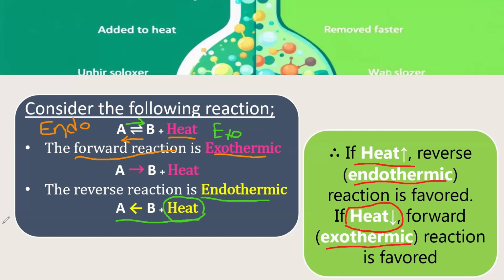When heat is removed or reduced, the reaction which will produce more heat is favored, which is the exothermic reaction. So the reaction usually favors the direction that opposes the stress, that is opposite to the stress.